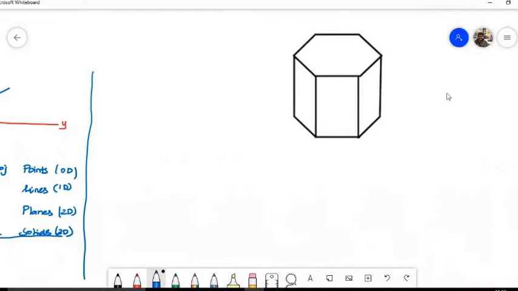Okay, it has 6 sides, and it has 6 base edges on both the bases. That means 1, 2, 3, 4, 5, and 6. 6 edges on both the bases, as well as it has a few longer edges, in the sense the edges which connect both the bases, so these are called longer edges, something like this.